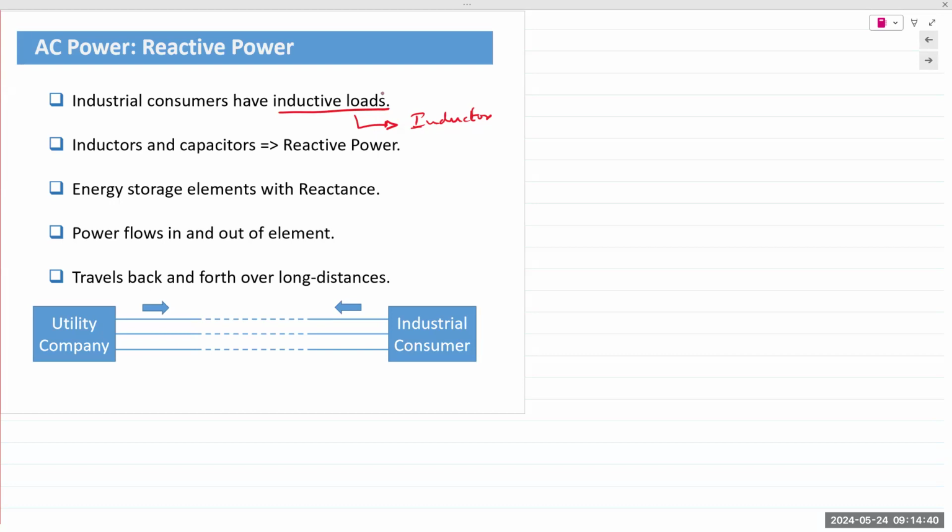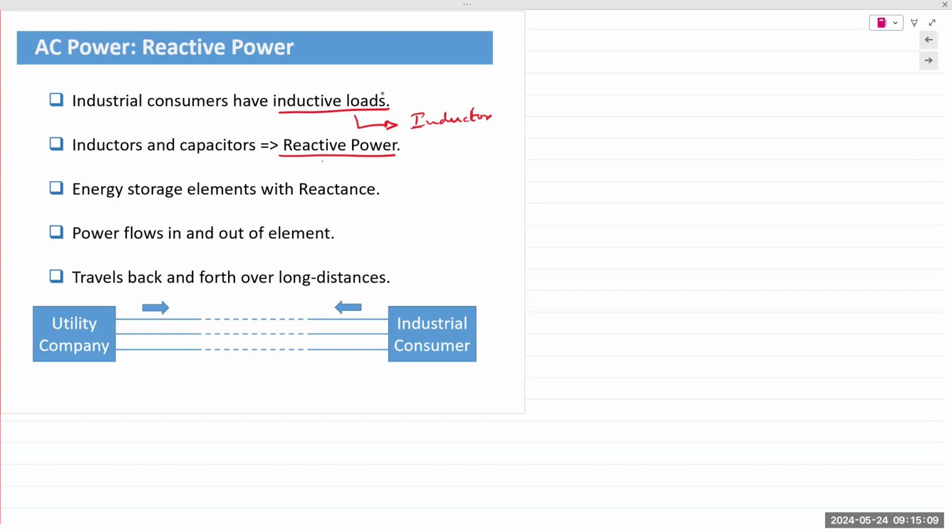So the current and the voltages that are used to store the energy in these fields also have associated power. This power is associated with the reactance, hence it is known as reactive power. And so what we're going to study in this chapter are equations and relationships between reactive power, real power, and the total complex power. Okay.